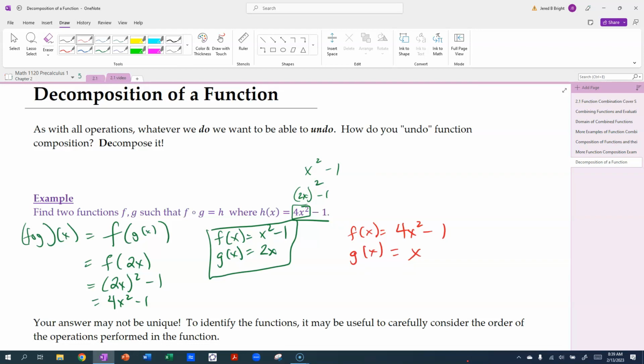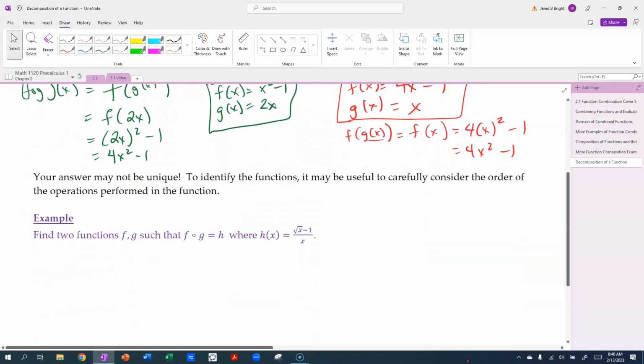Because when you do the composition f of g of x, you're inserting x, so g of x is x. Insert that into your f of x function, so this is 4x squared minus 1. So there's another set of two functions. Again, this is the silly decomposition that you could use, but these would also satisfy the conditions.